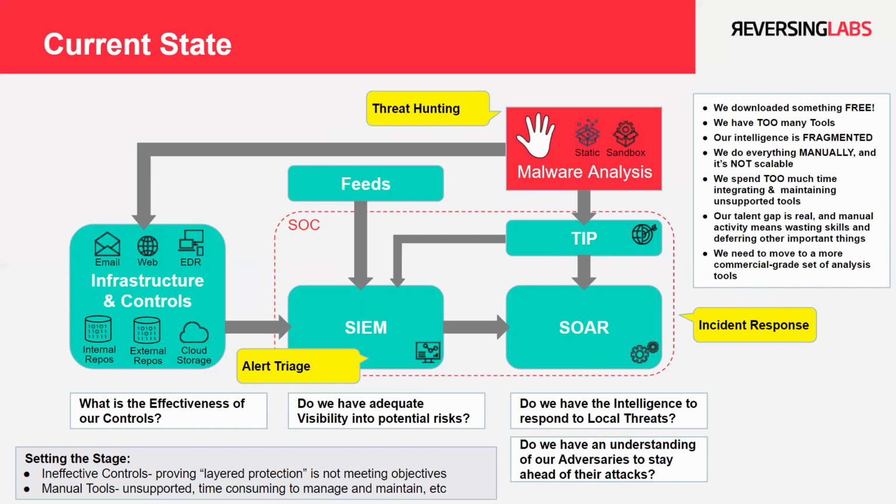That's because there's, again, a flood of false positives, the sheer volume. They don't have good visibility. They don't have good data to make the right decisions. And again, many of those alerts are going to be file-based from endpoint detection and response systems or other platforms. And so those escalations ultimately will move into the SOAR. Now the question is, do they really have the right intelligence, specifically related to local threats?